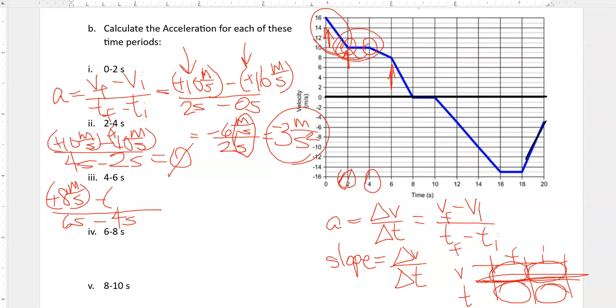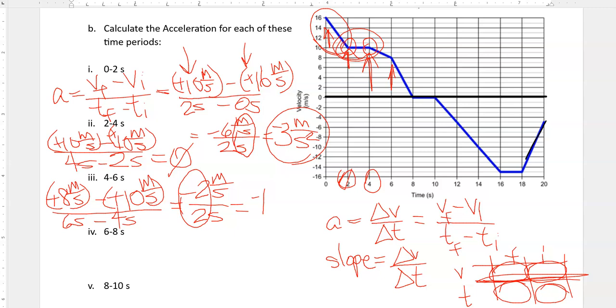And we are subtracting from that the value at 4 seconds, which is the 10 meters per second we noticed already from the previous problem. We plug these in, we get negative 2 meters per second in our numerator, divided by 2 seconds in our denominator, to give us negative 2 divided by 2, which is negative 1.